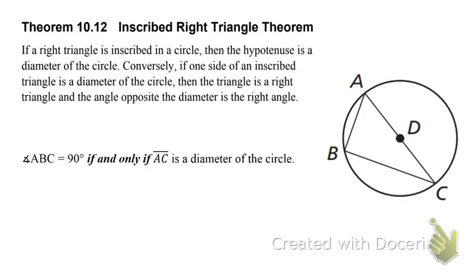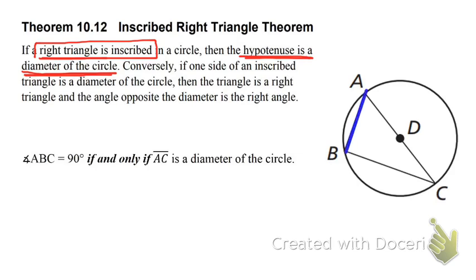Okay, so there is going to be a new theorem here, and it's one that's going to come in handy quite often, because if you look here, we have a diameter. You can see that segment AC goes through the center of the circle, which is D. And if you then draw an angle B that intercepts that diameter, you can also say it intercepts the semicircle.